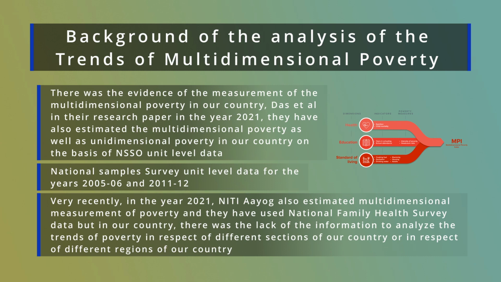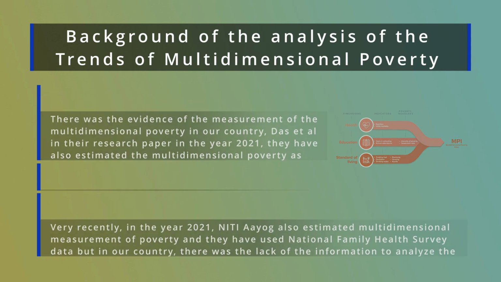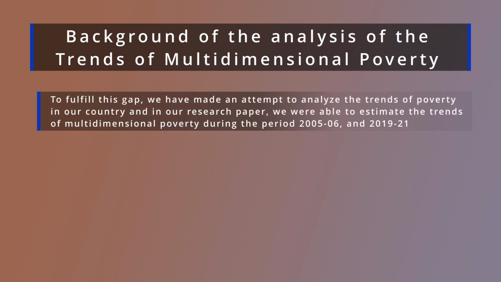to analyze the trends of poverty in respect of different sections or different regions of our country. To fulfill this gap, we have made an attempt to analyze the trends of poverty in our country, and in our research paper, we were able to estimate the trends of multidimensional poverty during the period 2005-06 to 2019-21.